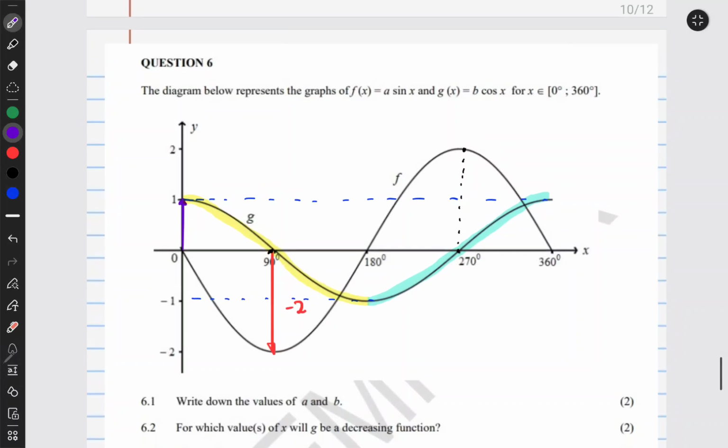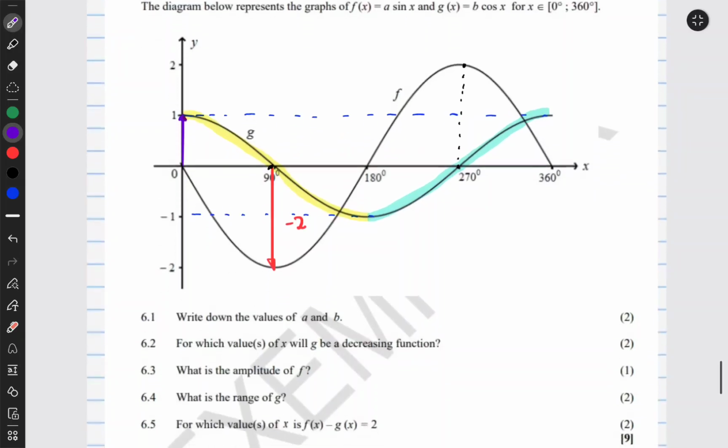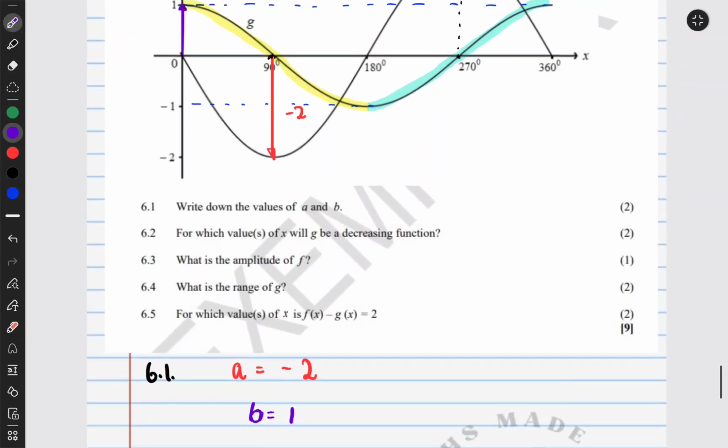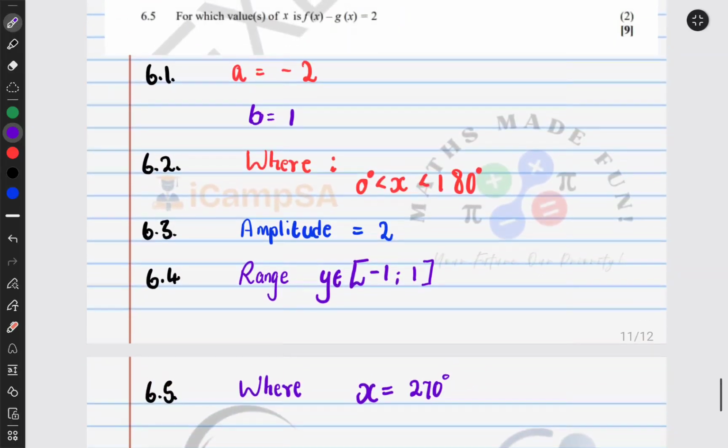Let me double check something. Yeah, so it's those values, where x is equal to 270 degrees, and I don't see any other value. I don't know why it's 2 marks, but basically that is how you will go about answering these questions.